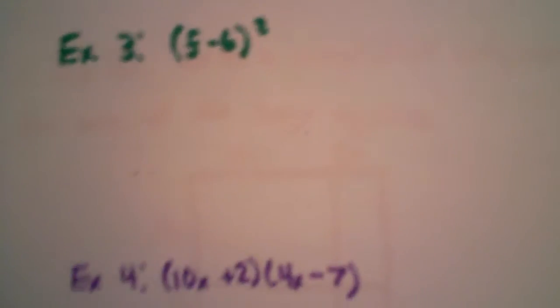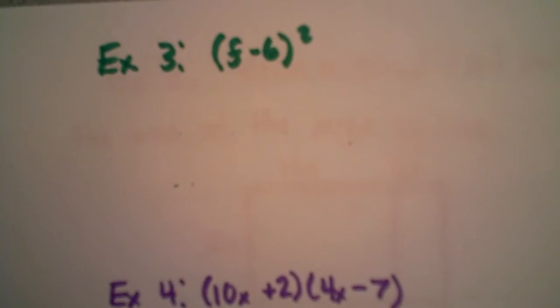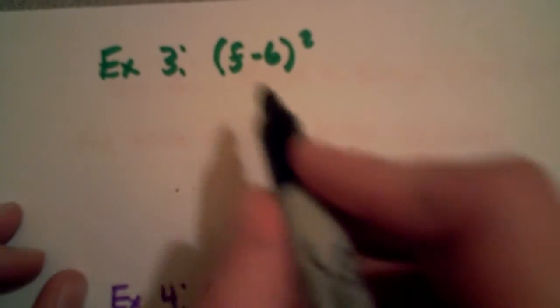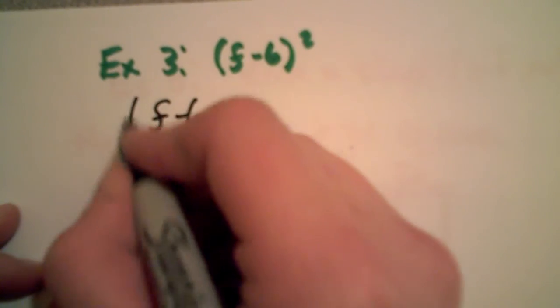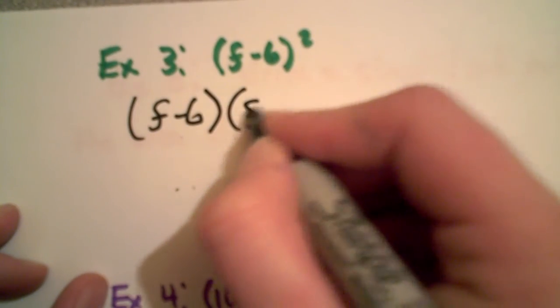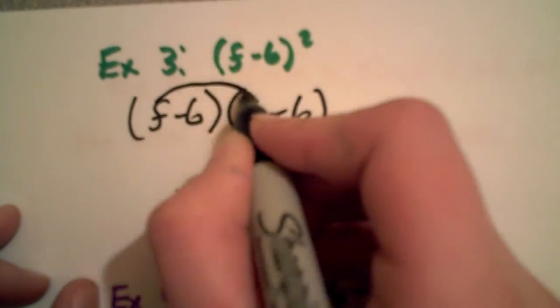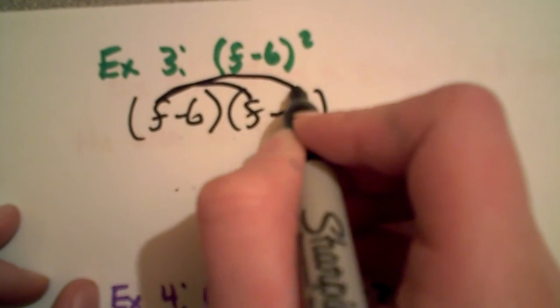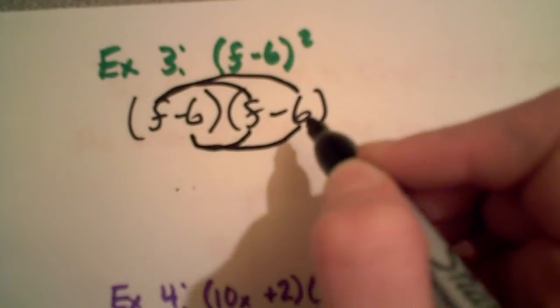Moving on. Example 3. This is multiplying two binomials, and you'll see that because we have f minus 6 squared, so it's just f minus 6, f minus 6. So we're going to do our first, outer, inner, last. FOIL, right? Easy.